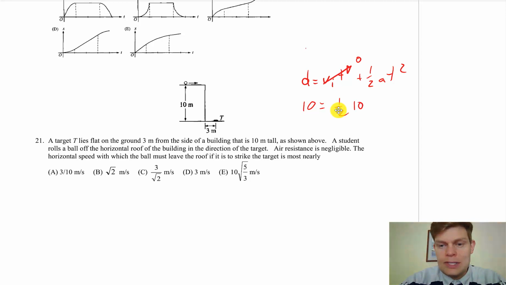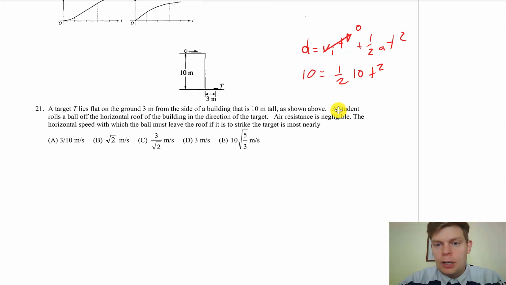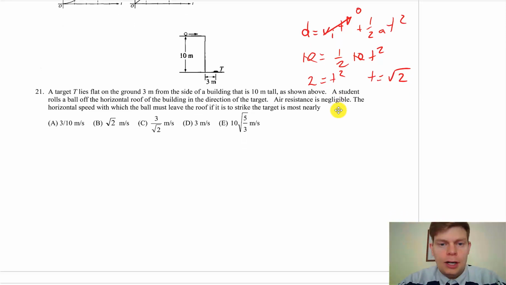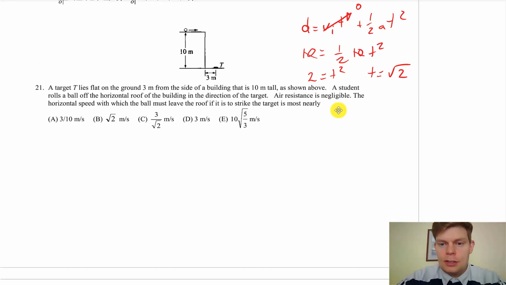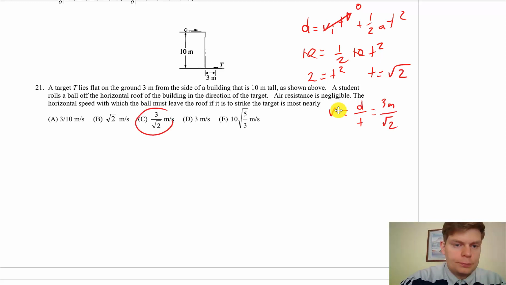By the way, I'm making down positive in this case, because why have negatives if you don't need them? Cancel out our 10s, move the 2 to the other side by multiplying both sides by 2, and we get 2 equals t squared, or t equals root 2. And then it's just velocity is distance over time. It went 3 meters in root 2 seconds as it fell. So this sucker.